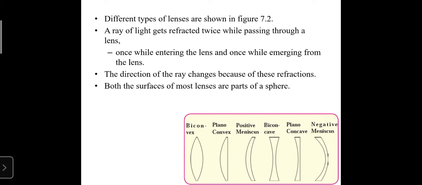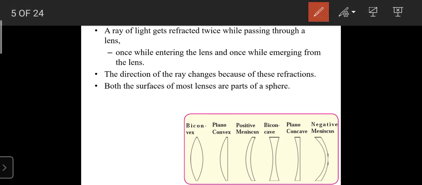A ray of light is refracted twice while passing through a lens. किसी भी लेंस से जब एक रे पास होता है तो दो बार उसका रिफ्रैक्शन हो जाता है. हमने ग्लास लैब के एक्सपेरिमेंट में वो देखा है. Once while entering from rarer medium to denser medium, that is air to glass, at the first surface, and second when it is emerging from denser medium to rarer medium.